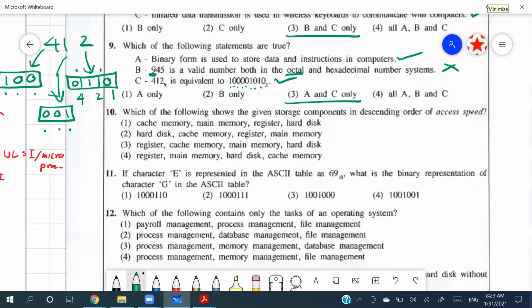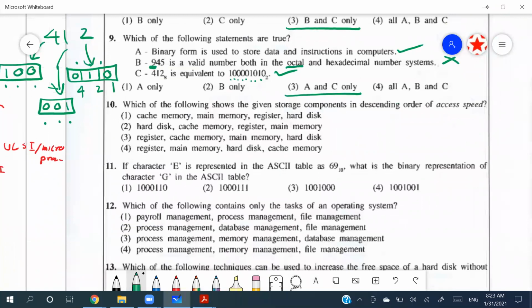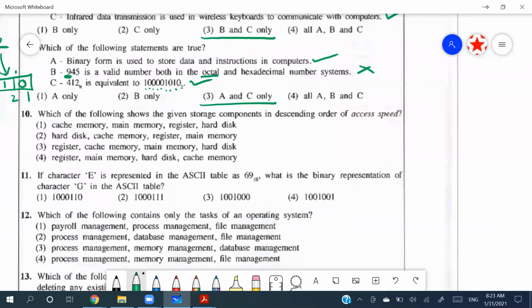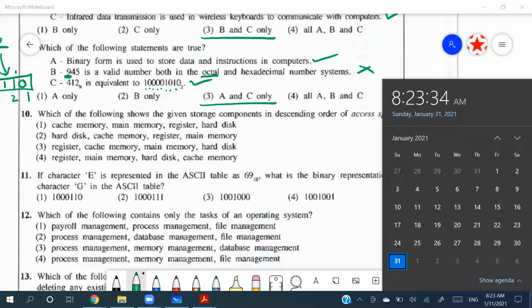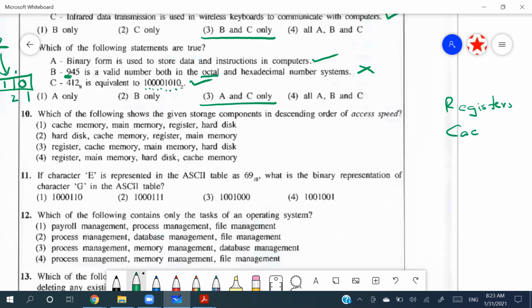And the 10th, which of the following shows the given storage components in descending order of access speed? Yeah, so access speed in the memory hierarchy, the storage and memory. The highest access speed is for registers, then the cache memory, then the random access memory, finally the secondary storage.